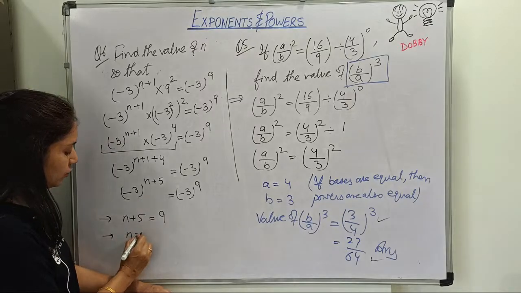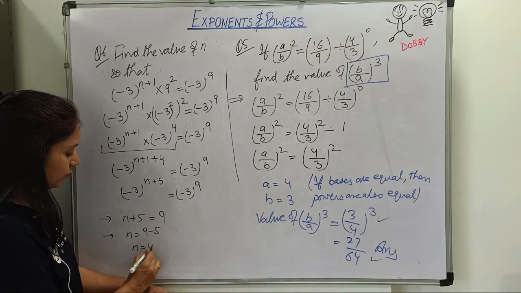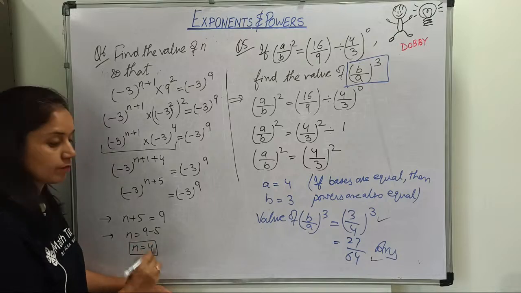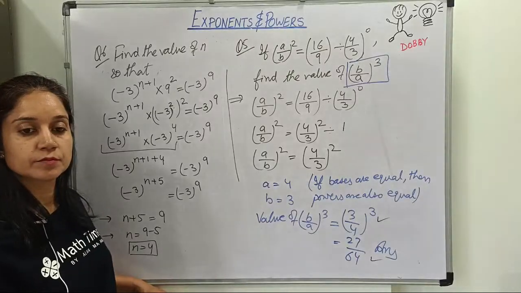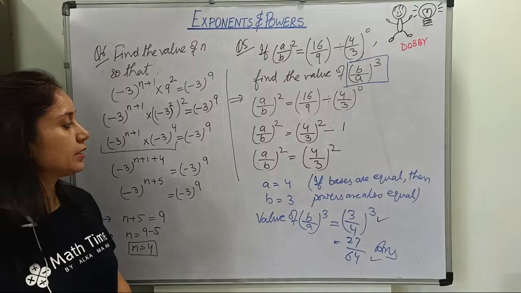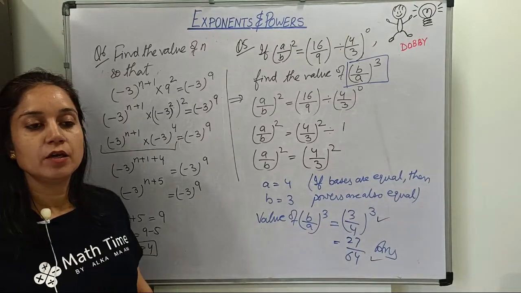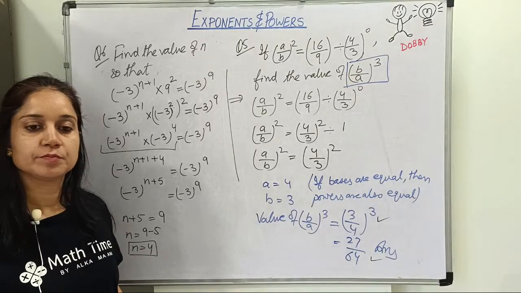So n equals 9 minus 5, n equals 4 is the answer. I hope the concept is clear: how to find the value of n, what the 6 laws of exponent are, and how to use them.